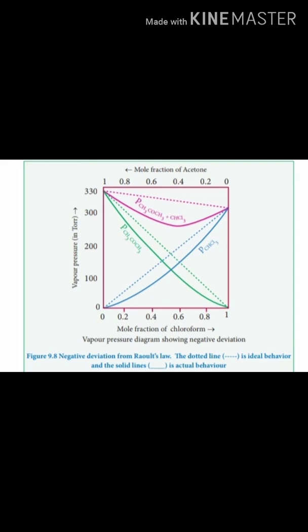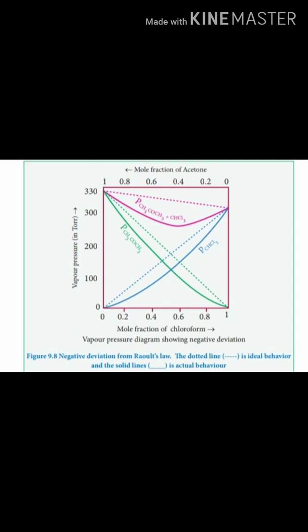As a result, the vapor pressure of the solution is less and there is a slight decrease in volume, delta V mixing less than 0. During this process, evolution of heat takes place, that is, delta H mixing is less than 0, exothermic.